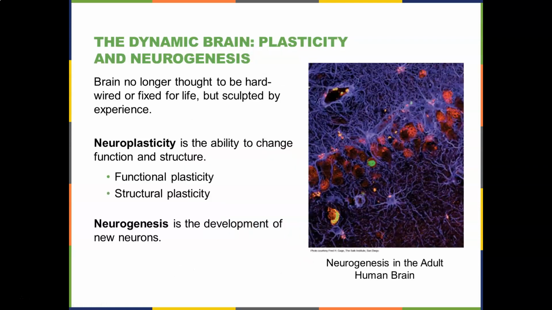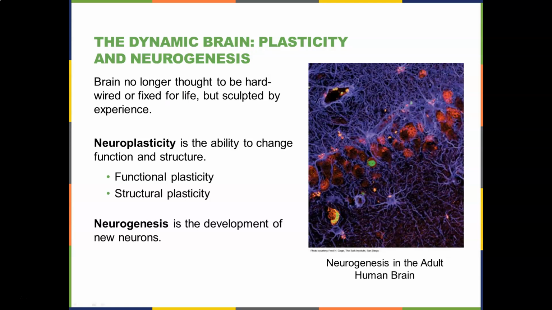So a couple things to understand here about the brain. Now the brain can constantly change, both in structure and function. So if one part of the brain is damaged, then another part can take over, and it can function differently.